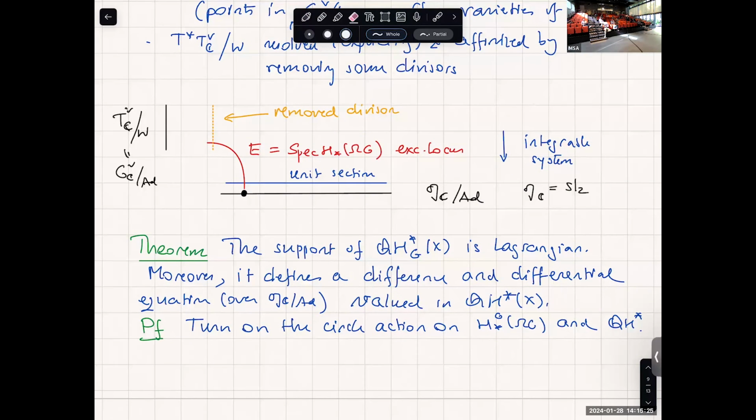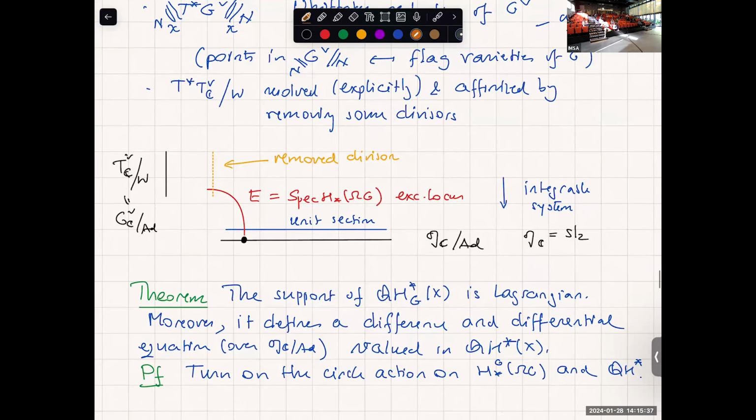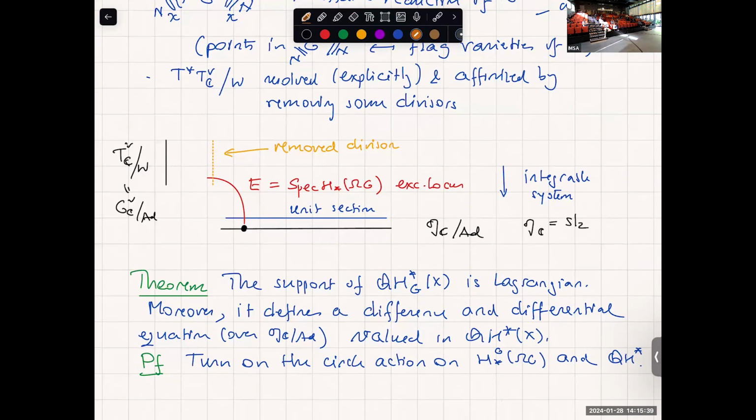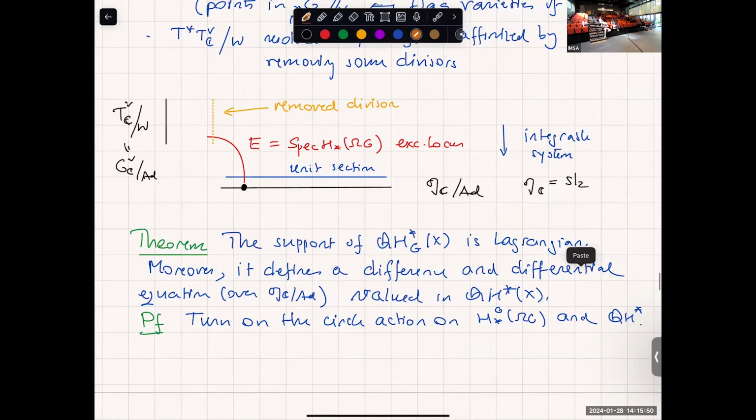All right, the theorem that goes with this side is that the support of the quantum cohomology of a compact manifold with Hamiltonian action is Lagrangian inside the total space. And more than that, it actually defines a difference and differential equation over the base of the system with values in the quantum cohomology. So it's stronger than just a Lagrangian.